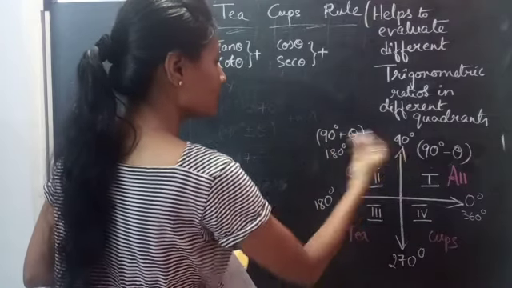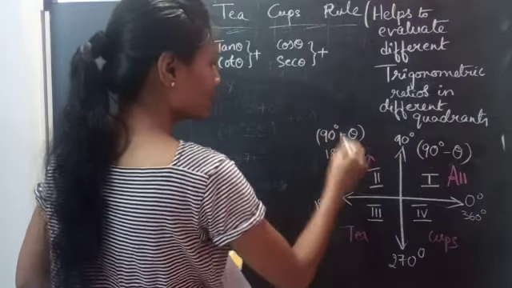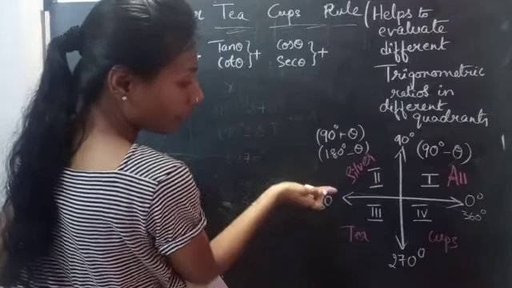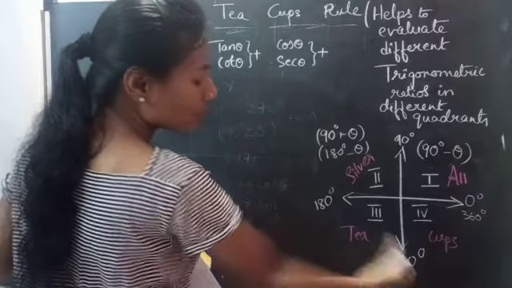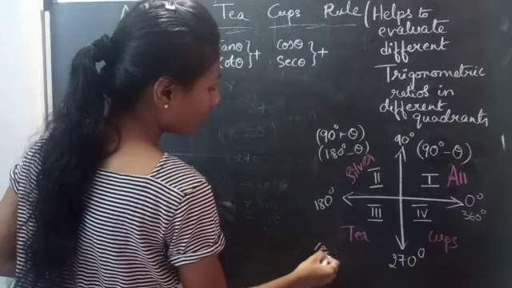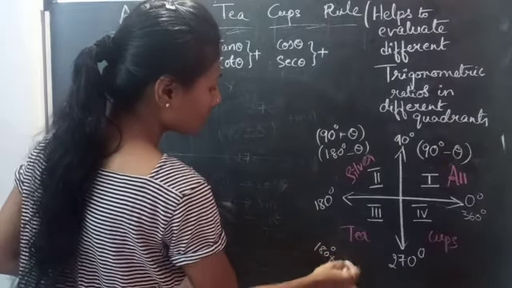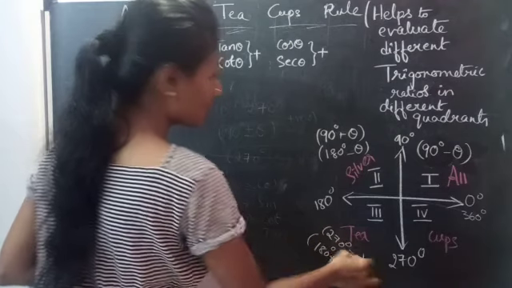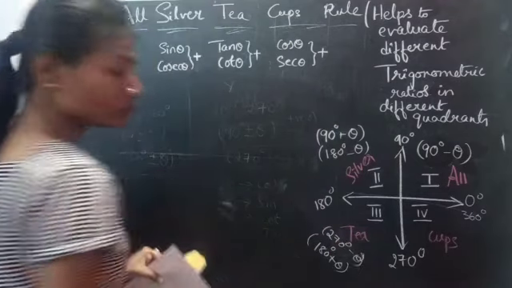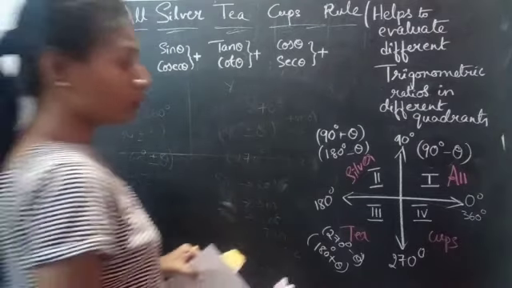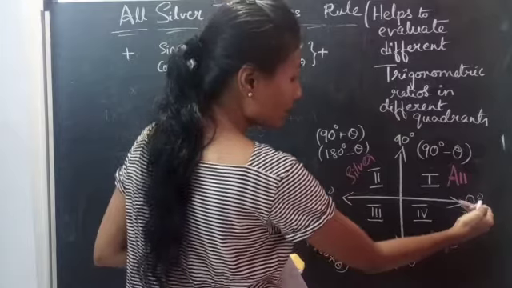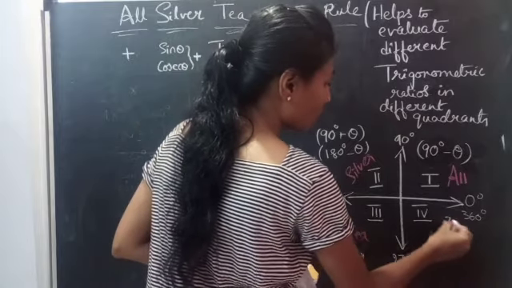For the third quadrant, 180 degrees plus theta and 270 degrees minus theta.